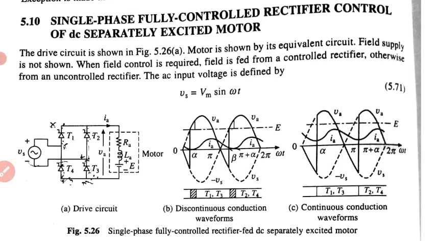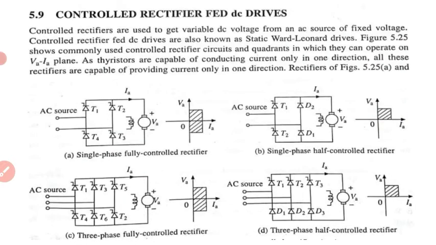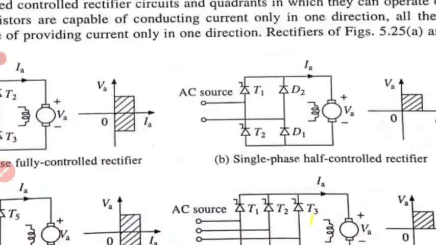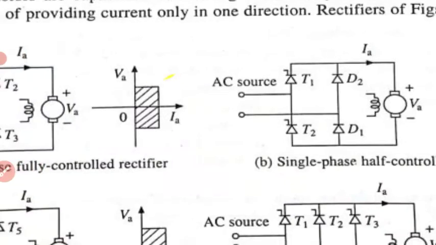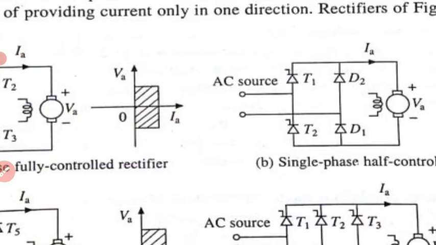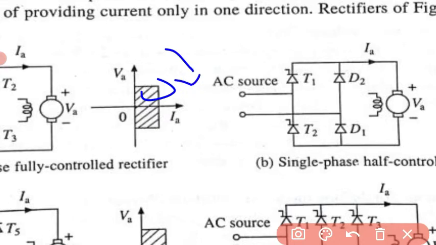Here you obtain two quadrants. The voltage is positive and the speed omega m is also positive, hence it is first quadrant operation. When alpha is greater than 90 degrees, you get fourth quadrant operation.